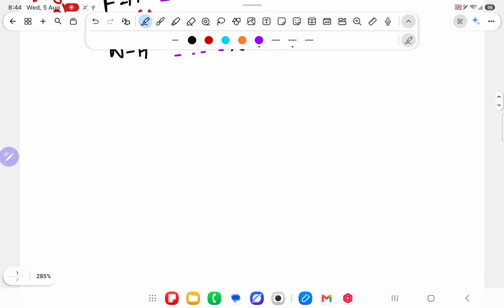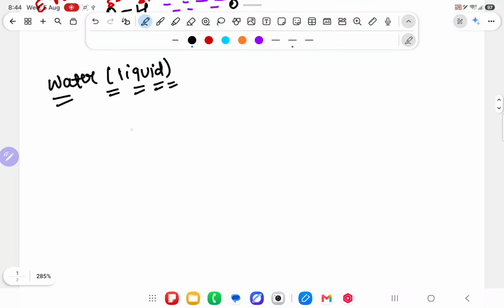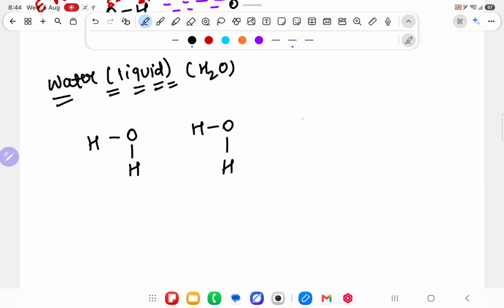Now, after knowing the hydrogen bond, I am going to write some examples and show how the hydrogen bond is formed. Suppose I have taken water as a liquid. We know that water has the formula H2O. Then another HOH, then another HOH.